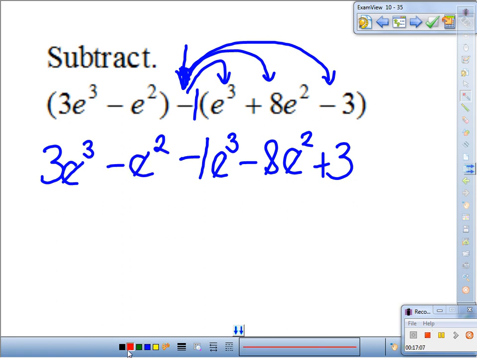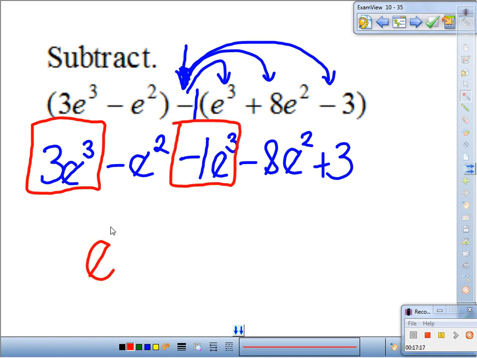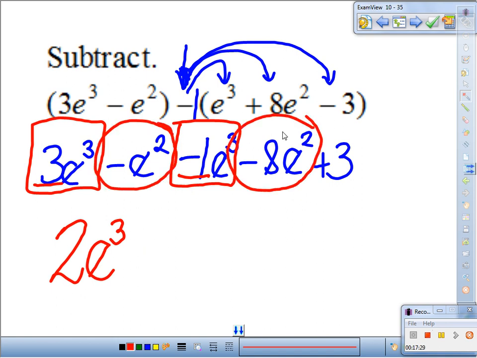Now we can combine. Start with the highest degree, which is 3. Is there another e to the third? Yes, right there. So we write it only once, e to the third. And we look at the coefficients. What is 3 minus 1? 2. All right, I'm done with that one. I'm going to go to the second degree, e to the second and negative 8e to the second. So I write e to the second.